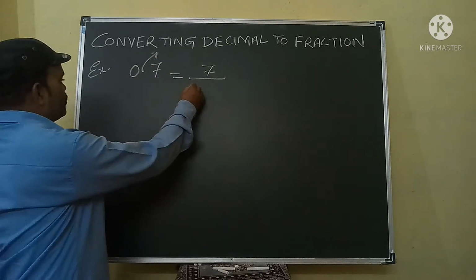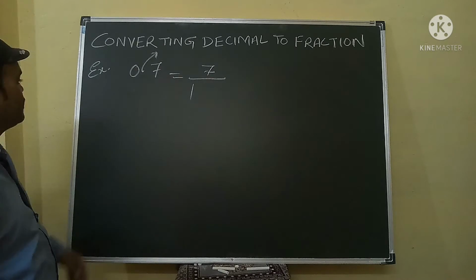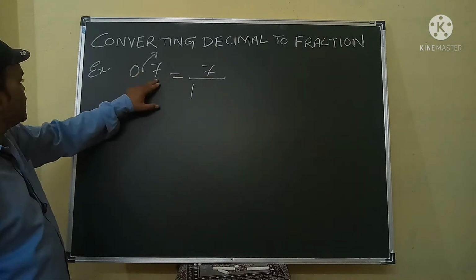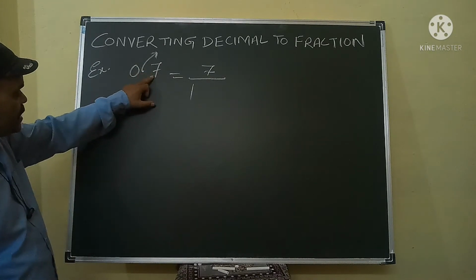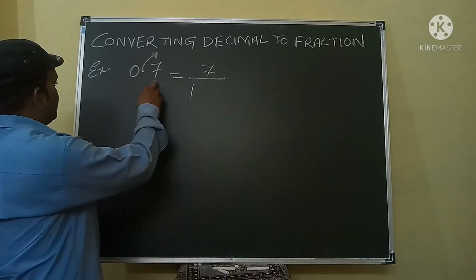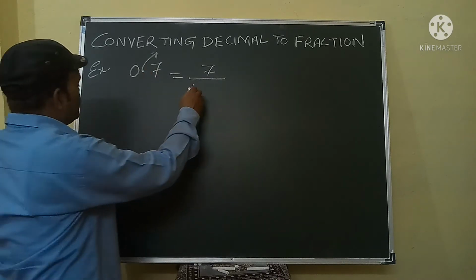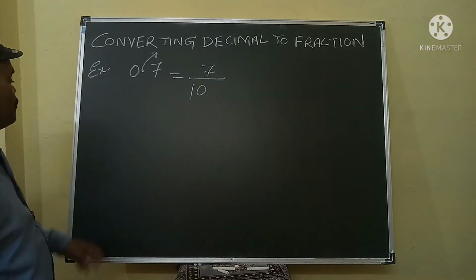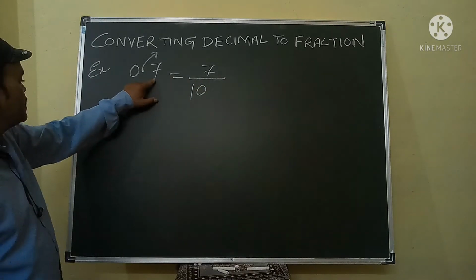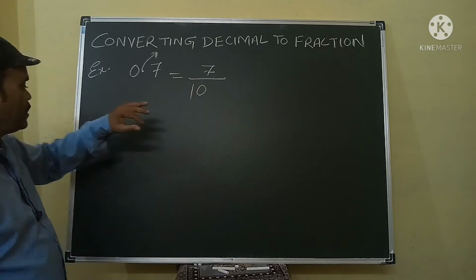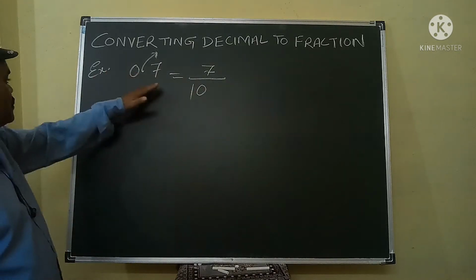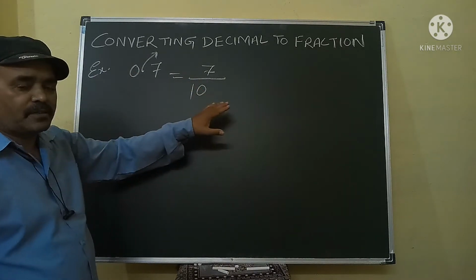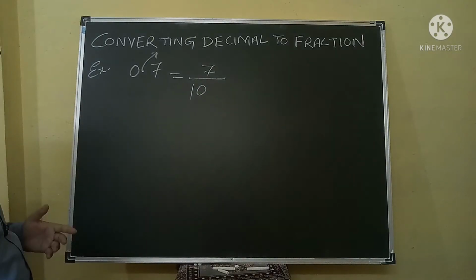After the decimal point there is 1 digit, so according to the number of digits we will put here 1 0. Suppose after the decimal point there is 1 digit, we put 1 0. Suppose after the decimal point there are 2 digits, then we will put 2 0, and so on.